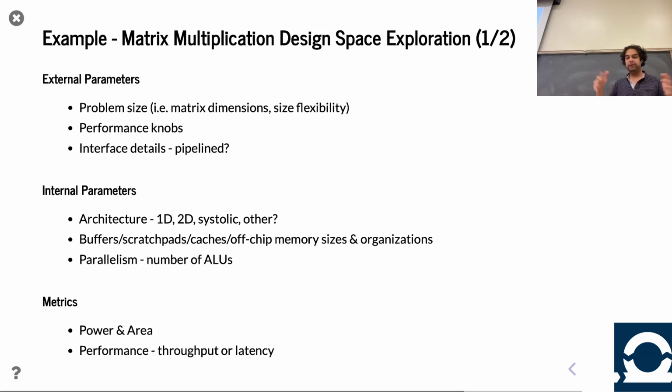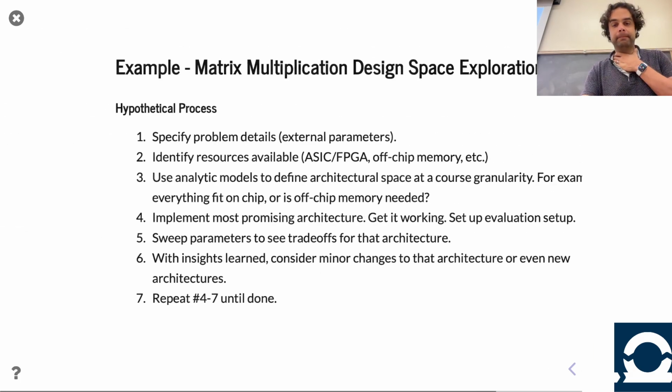How am I arranging my buffers, scratchpads, caches, etc.? Parallelism. So you can already see what's externally visible versus what's internal, and they're all still parameters. There's a zillion parameters, even in this seemingly straightforward linear algebra kernel. And then for metrics, of course, we have PPA, great, power performance area.